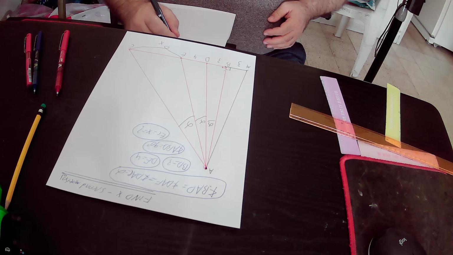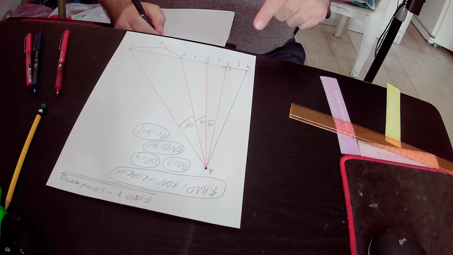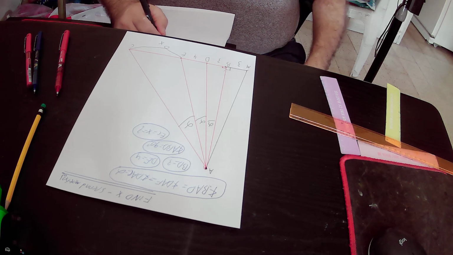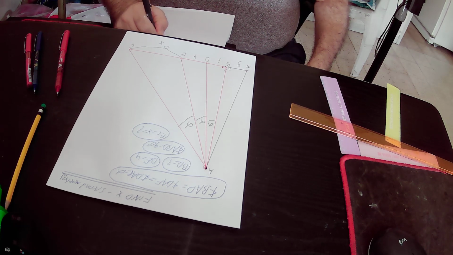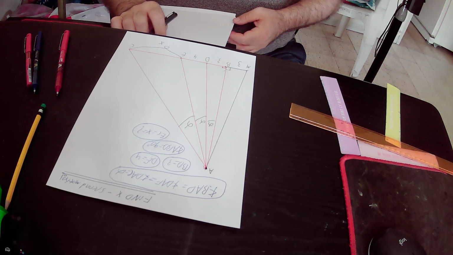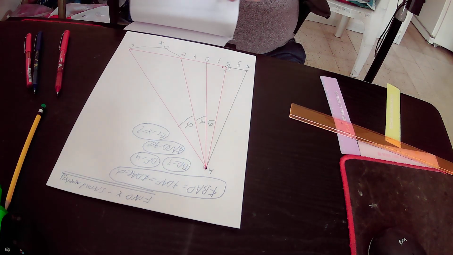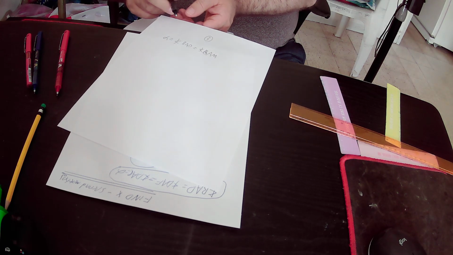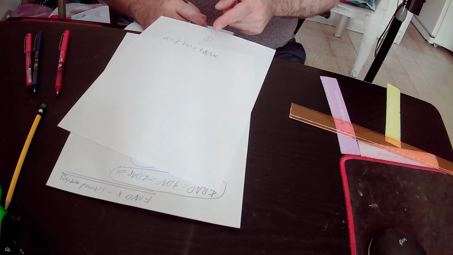Angle BAD, which equals alpha, will be equal to angle BAM in the right triangle ABM.